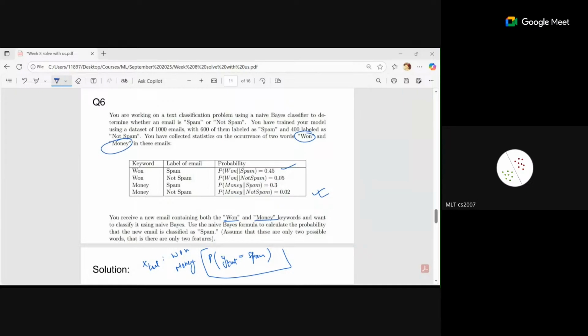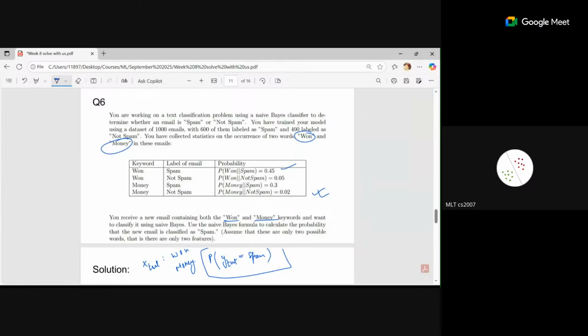Okay. So I see two answers. Shanmugan, your answer is correct. Mayank, it's wrong actually. Let me discuss this question.